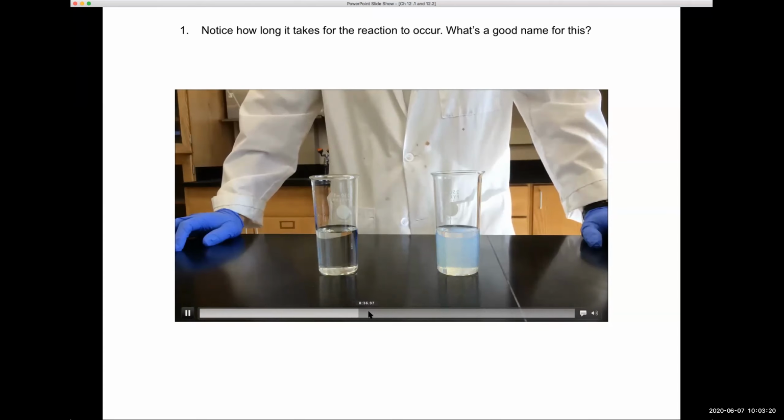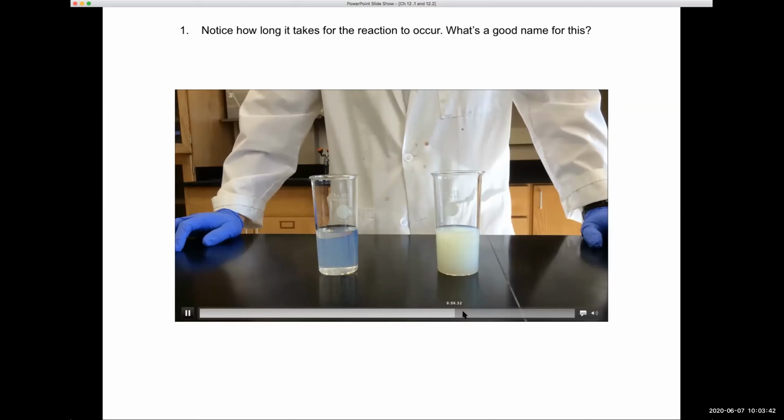And after, it's getting very cloudy. It's almost opaque now. You can't see through it. So probably after about 40 seconds, the reaction's complete. What about the beaker on the right side of this chemist? It's just barely starting to get cloudy.